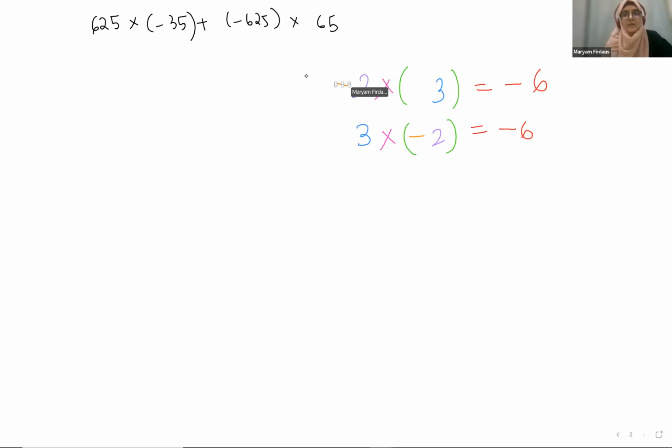Why? Let me just show you how this is possible. Let me give you one more example of this sort. So I have 2 multiplied by 3 multiplied by negative 1.